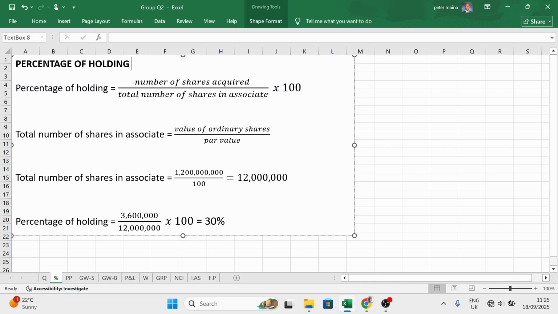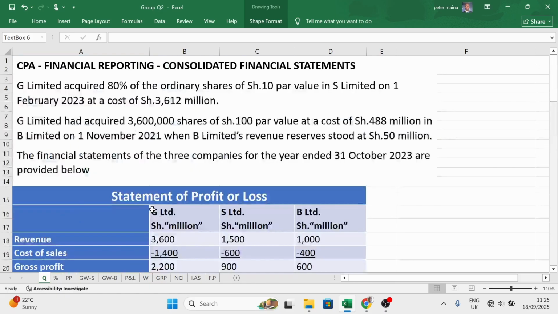So now that we have the two percentages of holding, the 30% and the 80% for the subsidiary, we can proceed to the next thing, which is calculation of goodwill. But for us to be able to find goodwill, there is something important that we have to find first.